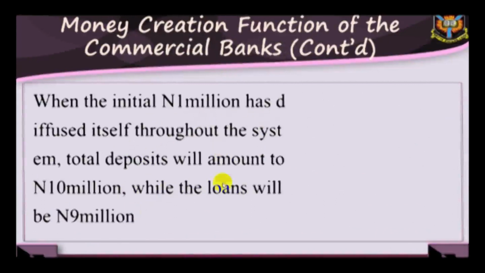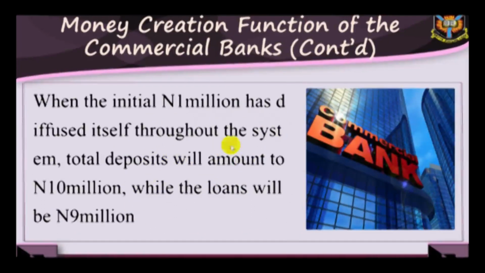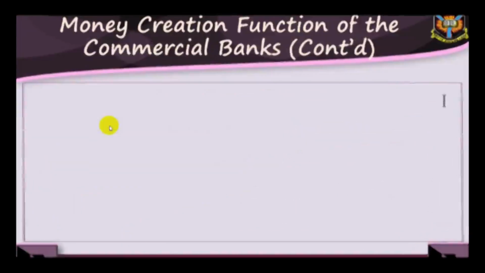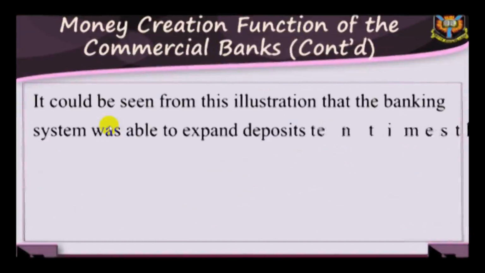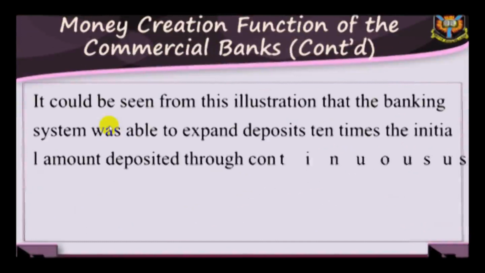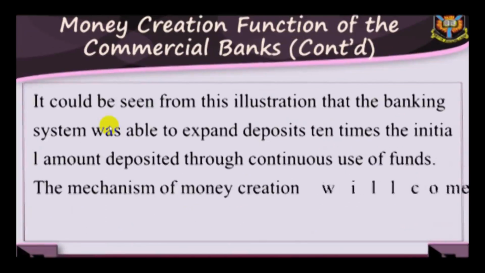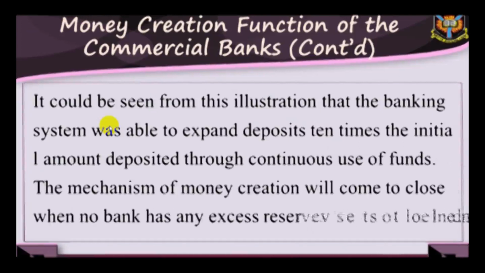According to Ajayi 2006, the deposit column is the addition of a geometric series which could be expressed as 1 million plus 1 million times 0.9 plus 1 million times 0.9 to the power 2 plus 1 million times 0.9 to the power 3 ... plus 1 million times 0.9 to the power n.